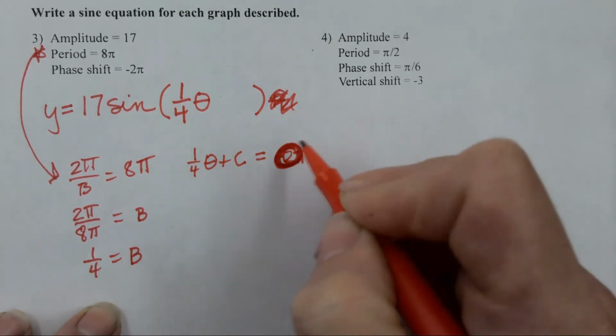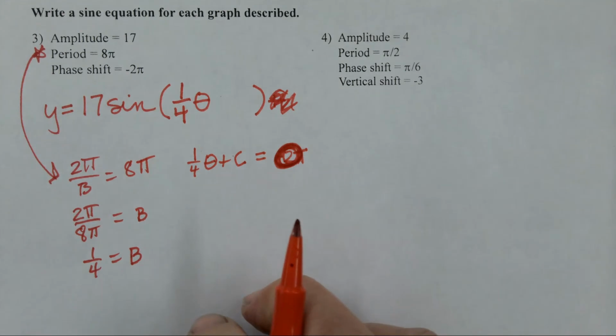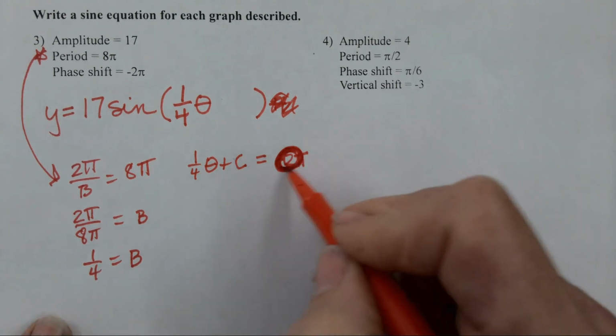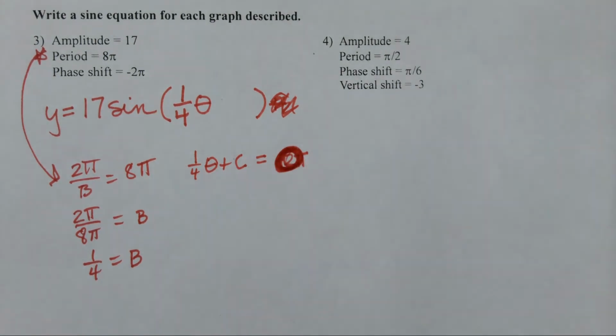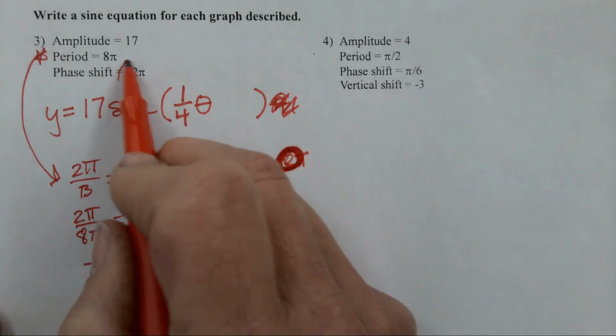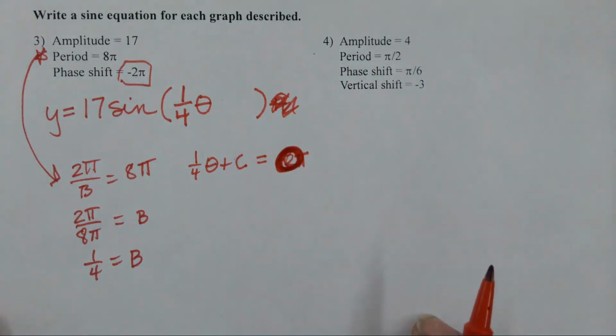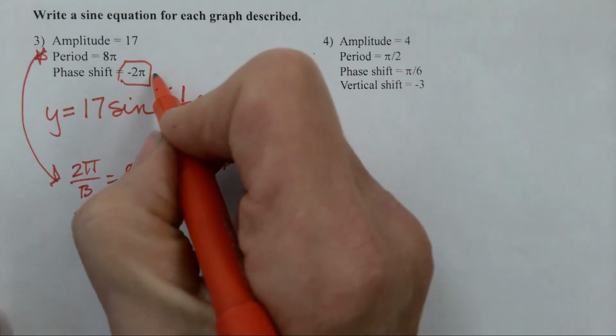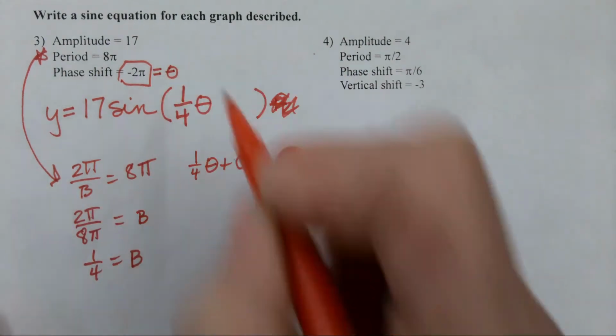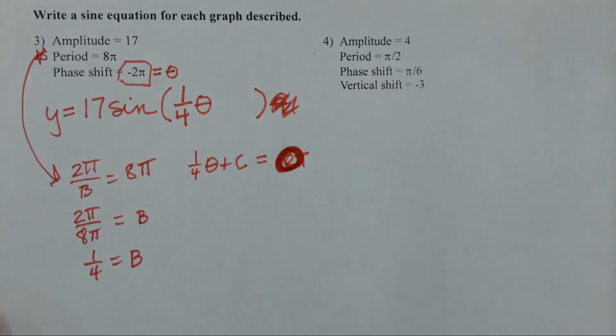Why do I do that? I don't know. I have a problem. Is equal to 0. But what is this -2 pi part of this? That's what we get when we solve for theta. So this is my theta. That's the angle that that phase shift happens at.